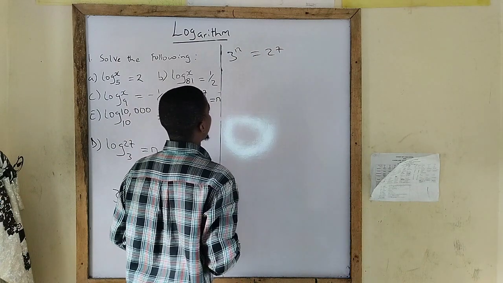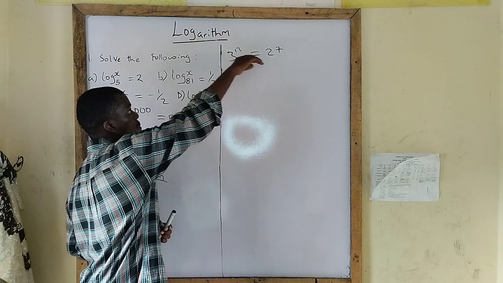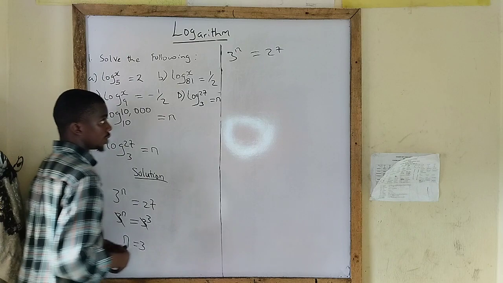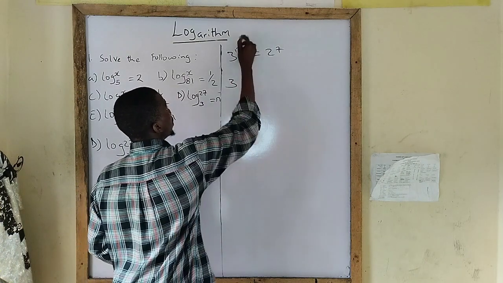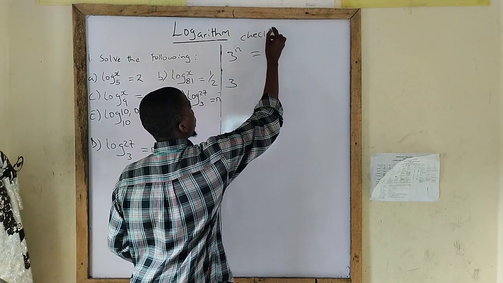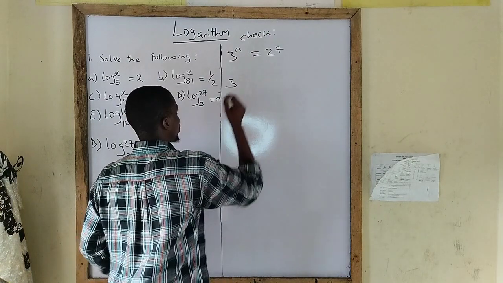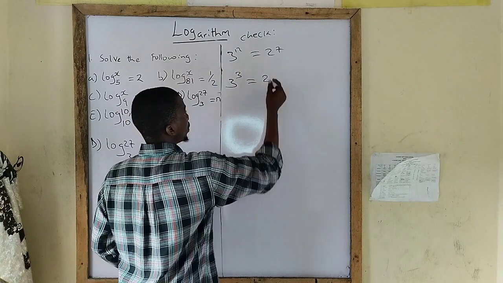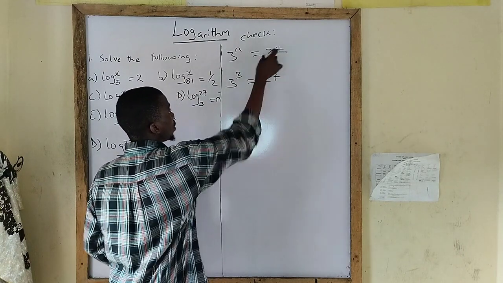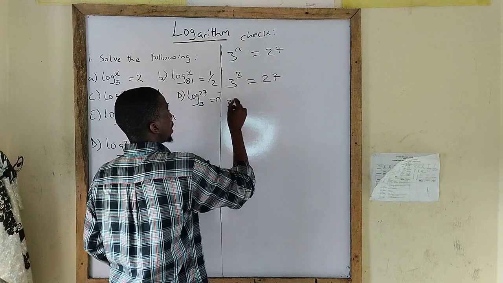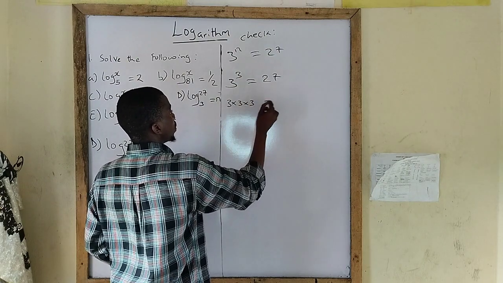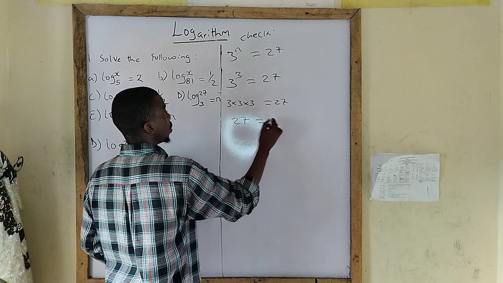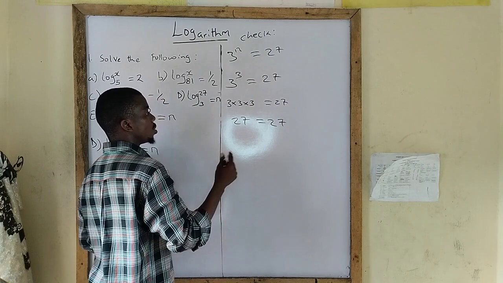We have here that our n is equal to 3, so we put 3 as the power, and this is 27. So 3 times 3 times 3 is equal to 27. So what we have on the left hand side is equal to what we have on the right hand side.